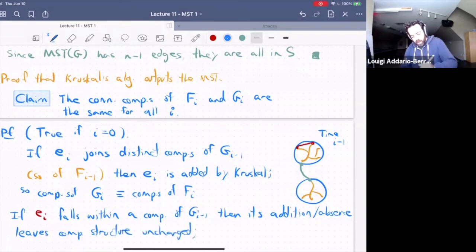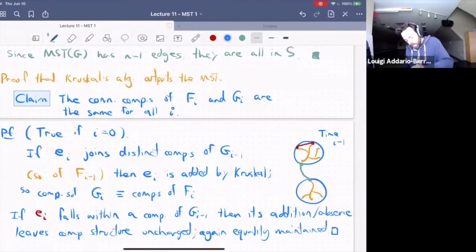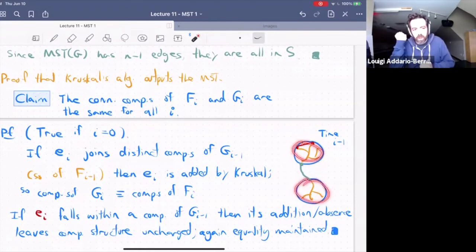And so again, equality is maintained. In short, the edges that aren't added by Kruskal's algorithm are precisely the edges where it doesn't matter whether or not you add them. The set of connected components remains the same. So the two processes always have the same connected components.